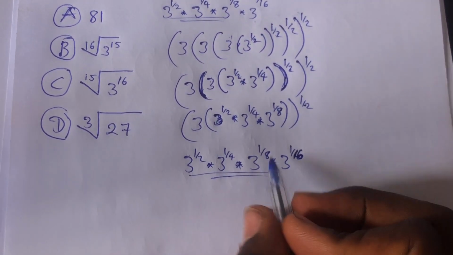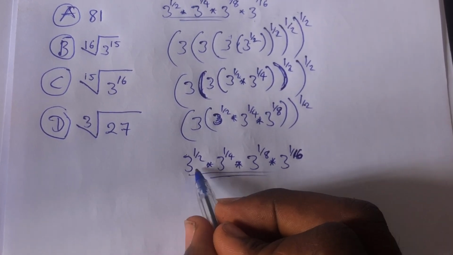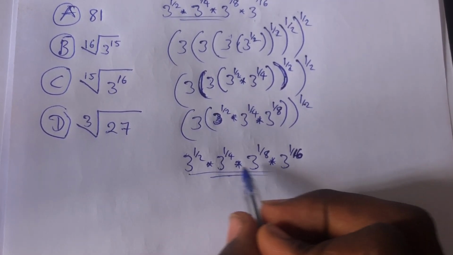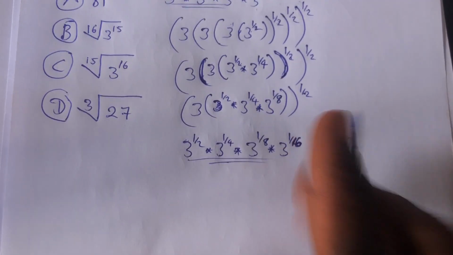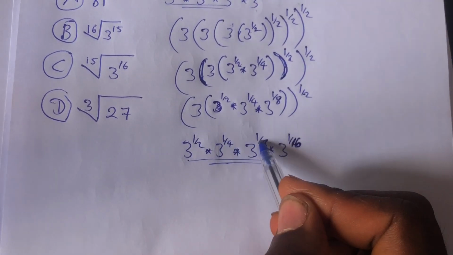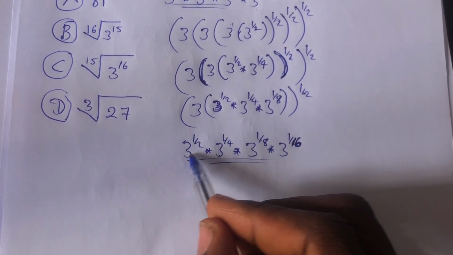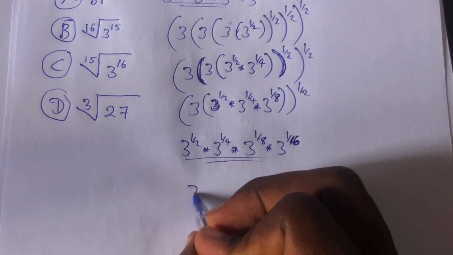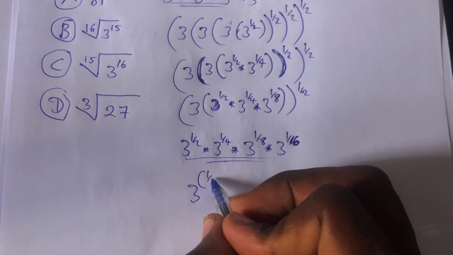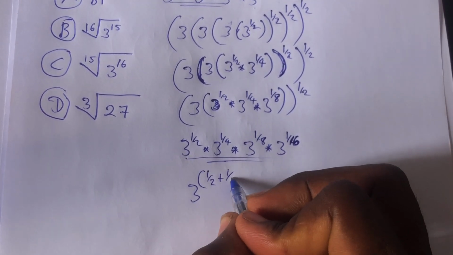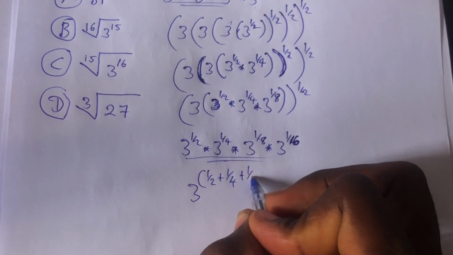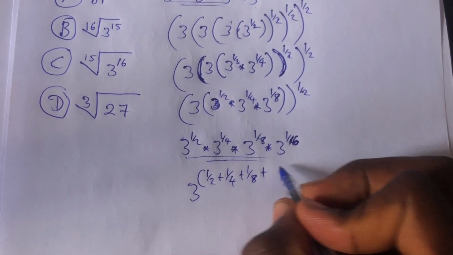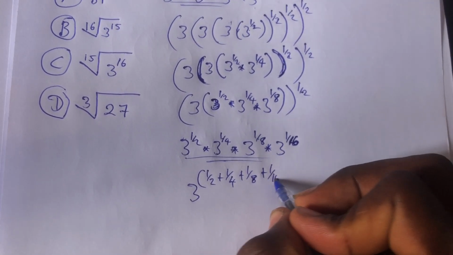So since all the bases are the same, we can add up the powers and take one base for them. So we can say 3 raised to power 1 over 2 plus 1 over 4 plus 1 over 8 plus 1 over 16.